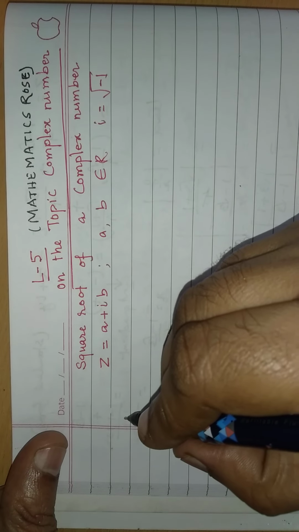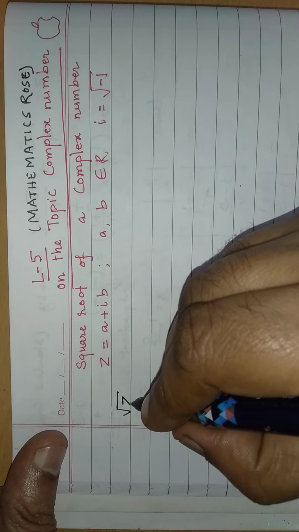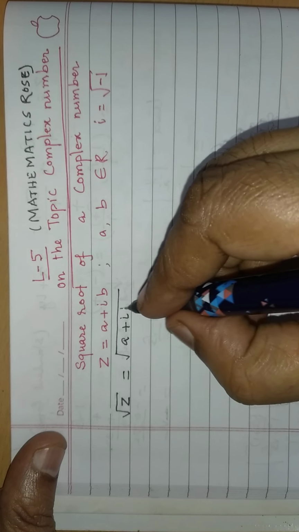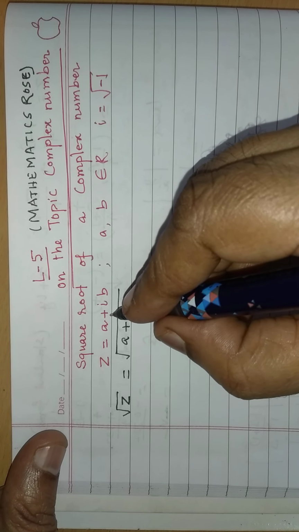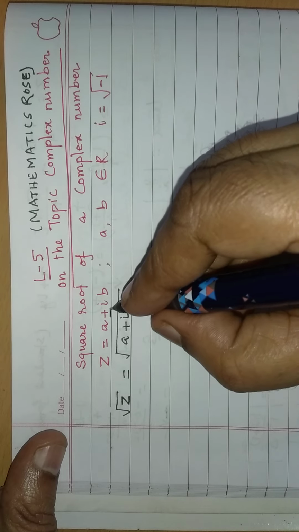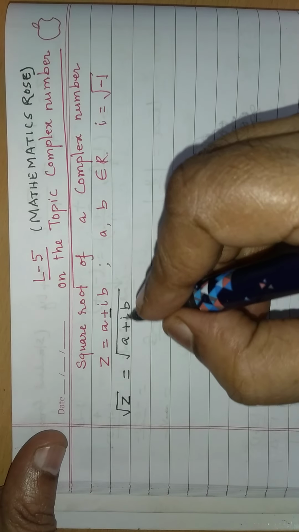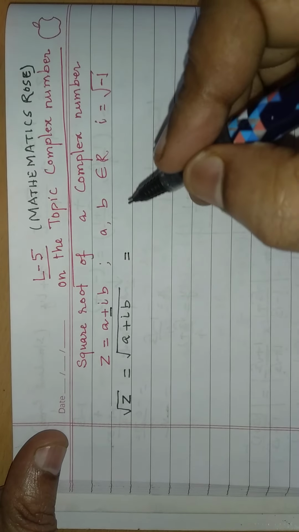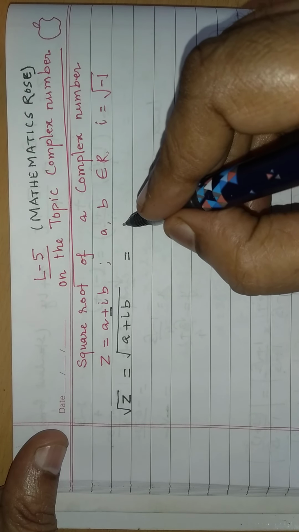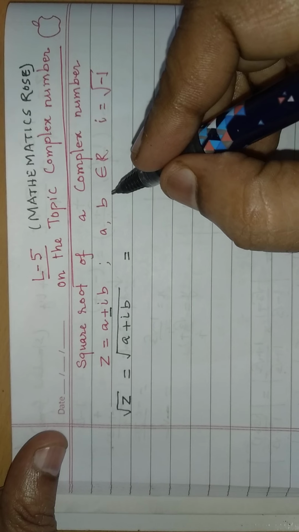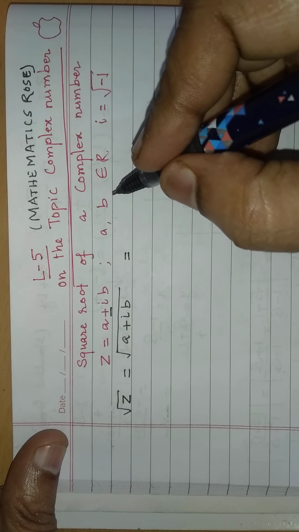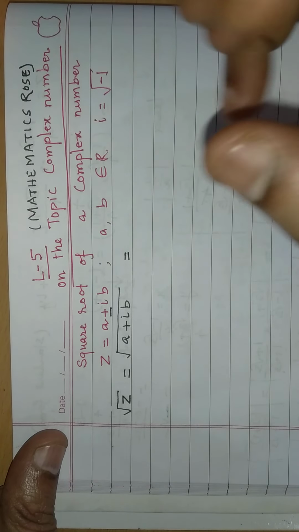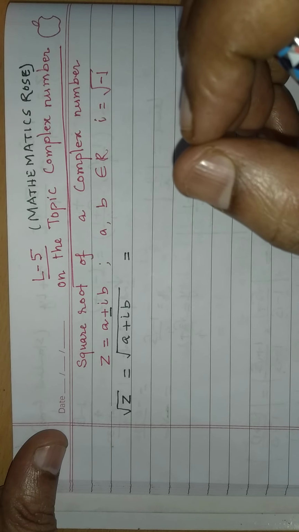So now we have to find the square root of z, or square root of a plus ib. There are two forms. Suppose we take the conjugate of this, then it will come a minus ib. Now I am taking only a plus ib. The square root of a complex number is also a complex number. Complex number is the largest set which contains all the real numbers as well as imaginary numbers.